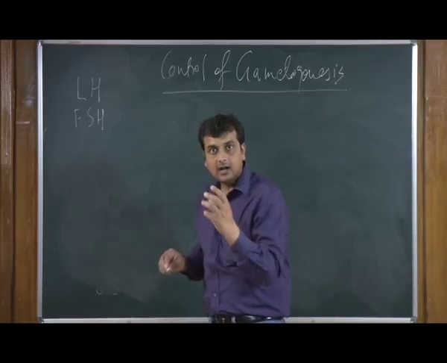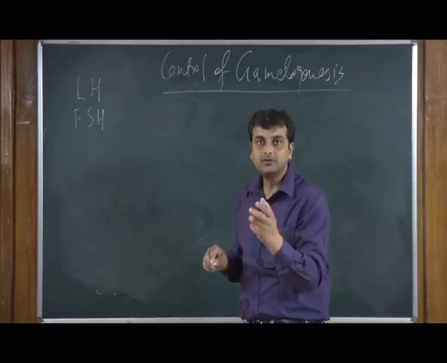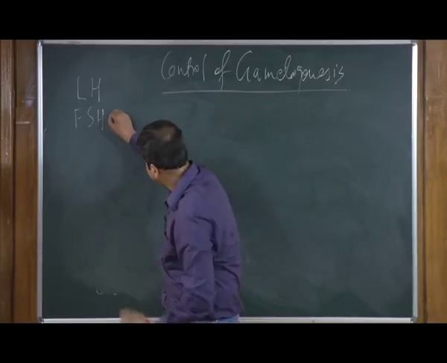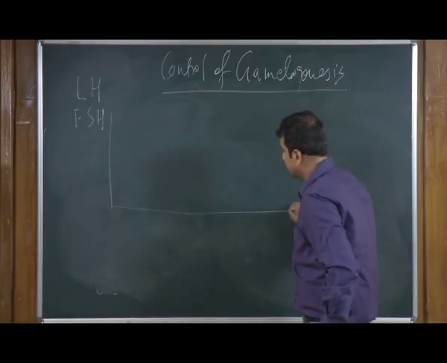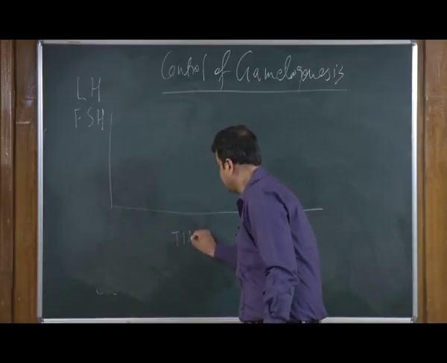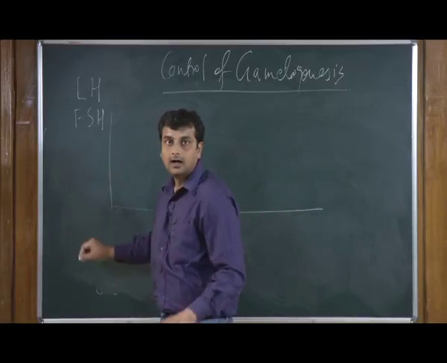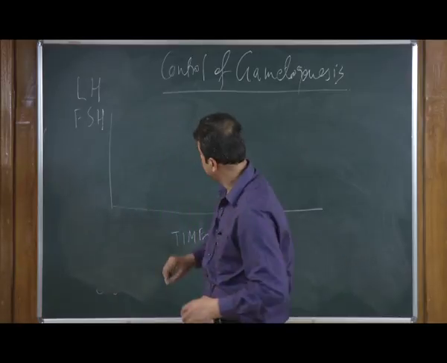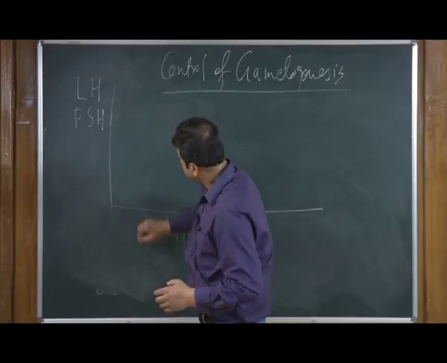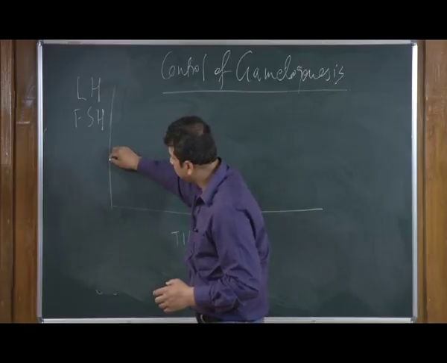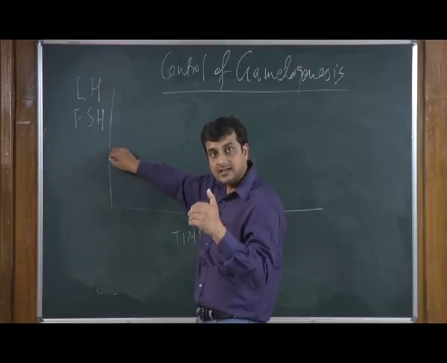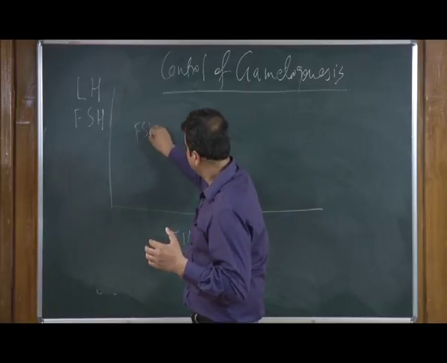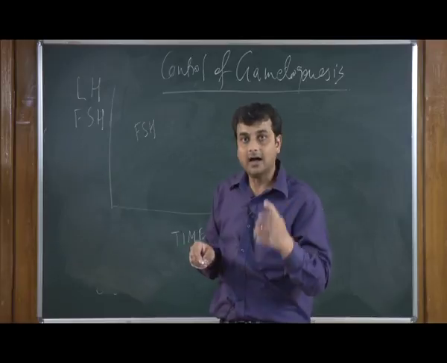Now if we start looking into the developing follicle, this is time and this is the hormone level of FSH and LH. FSH is controlling the first half of the development. The FSH level is quite high when the follicles are developing.